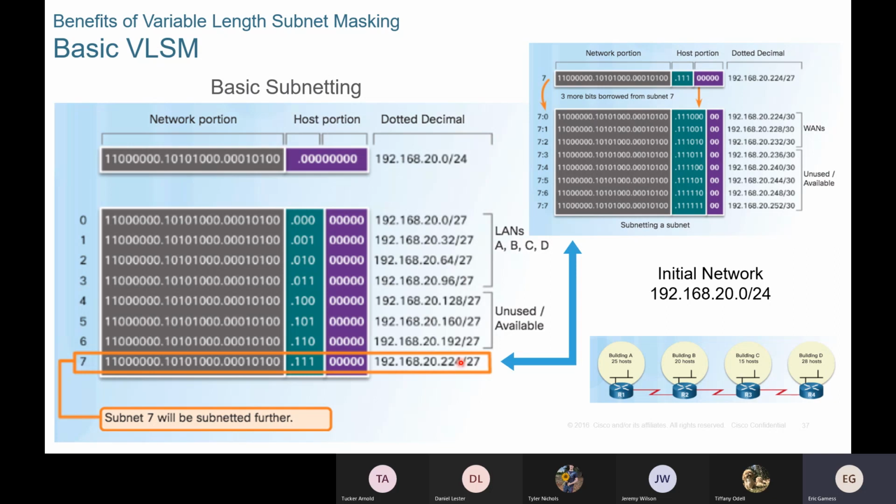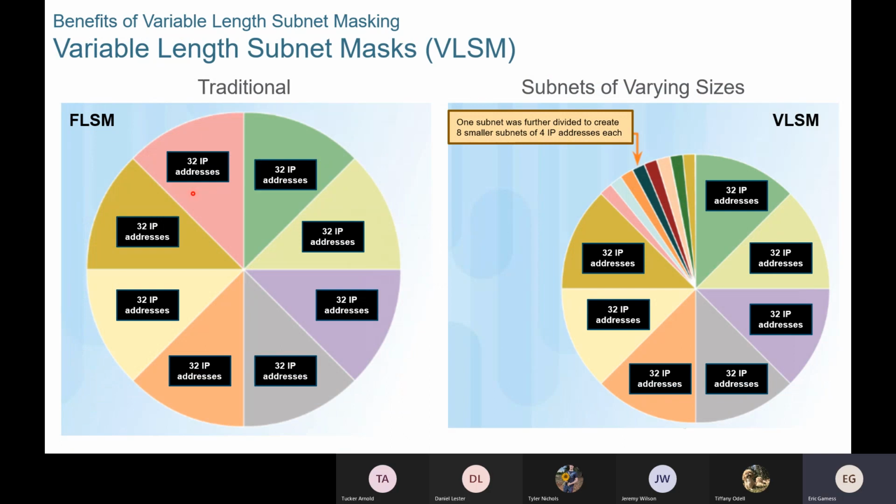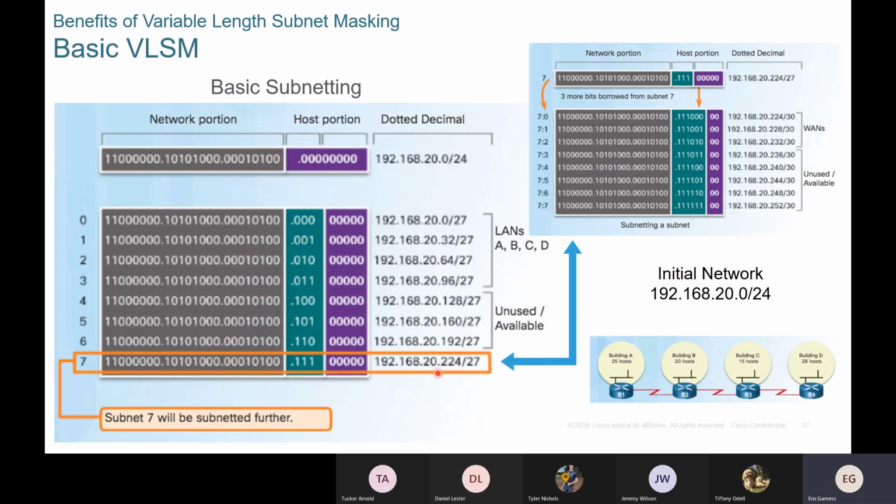So this time what we are going to do is take the last subnet and divide it even more. Here we take this /27 subnet, and we are going to divide it into 8 subnetworks.